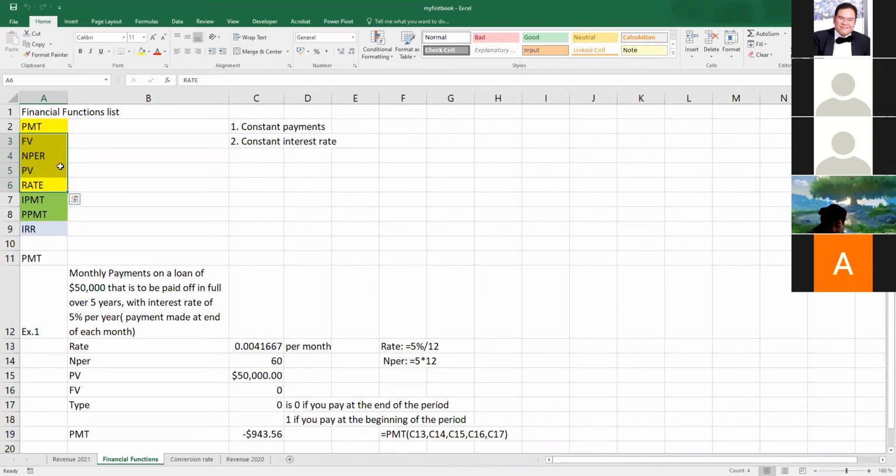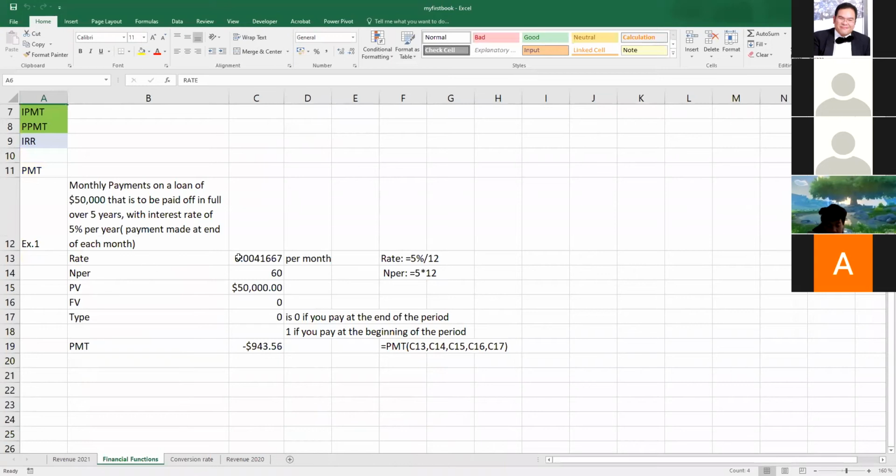For example, in the first example that we had for the payment function, we are asked to find the monthly payment of the loan. That means we would like to request a loan for $50,000.